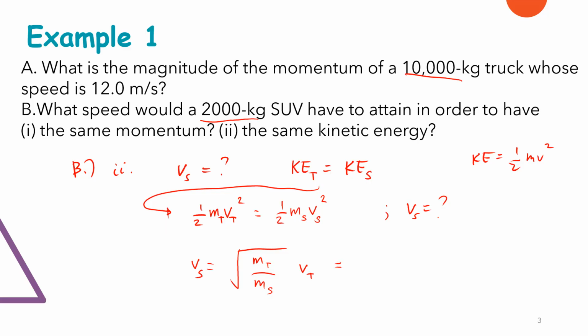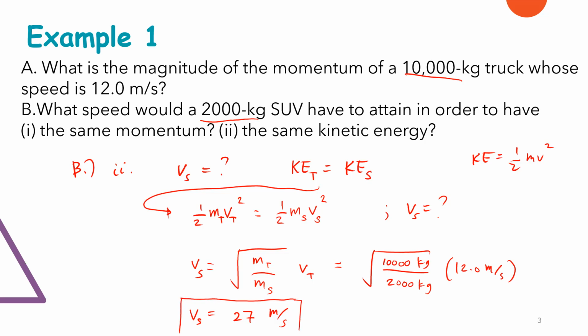So this is equal to the square root of the mass of the truck, 10,000 kilograms, over the mass of this SUV, 2,000 kilograms, times the speed of the truck, which is equal to 12.0 meters per second. So the speed of the SUV is equal to 27 meters per second.